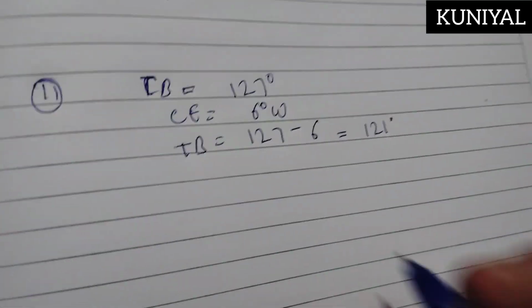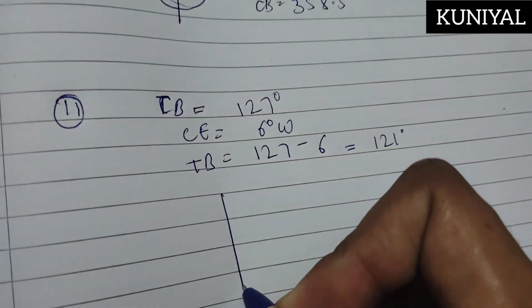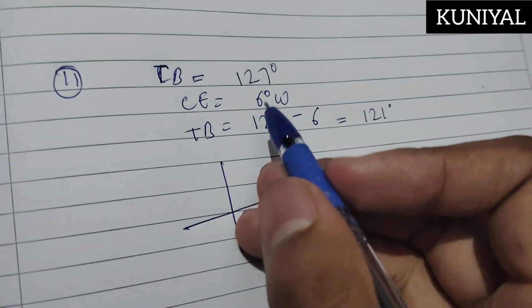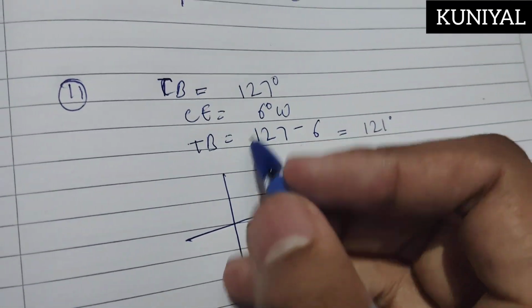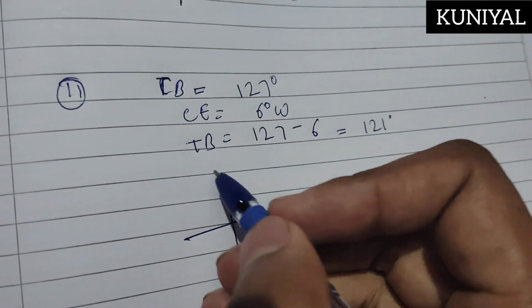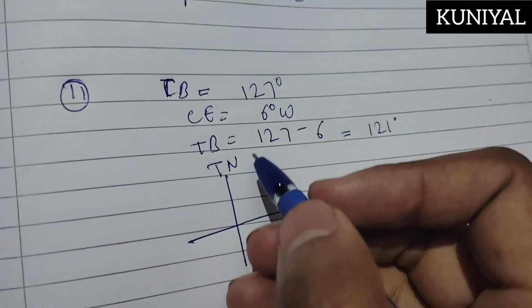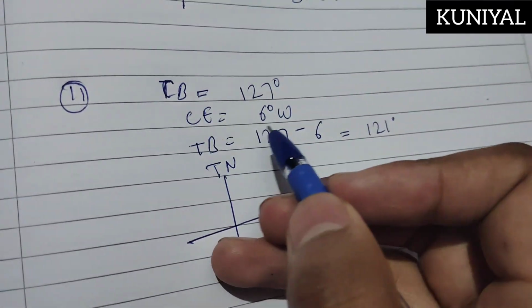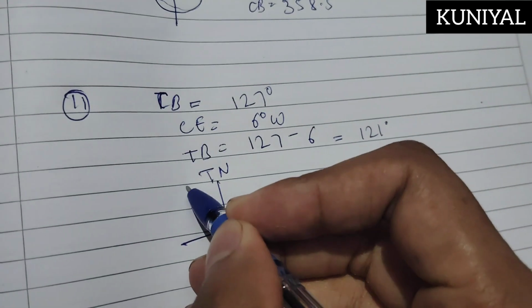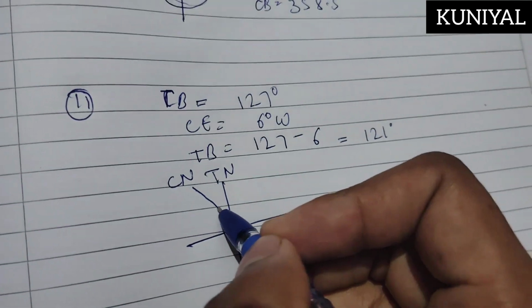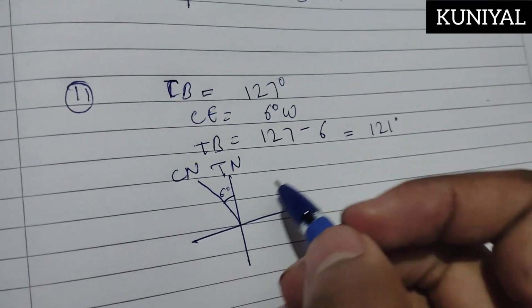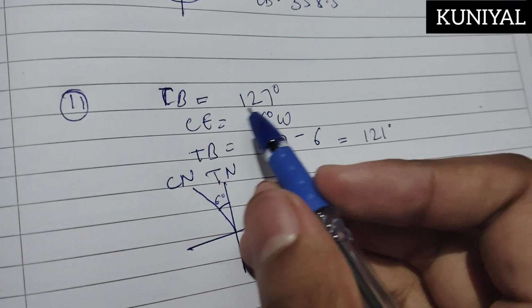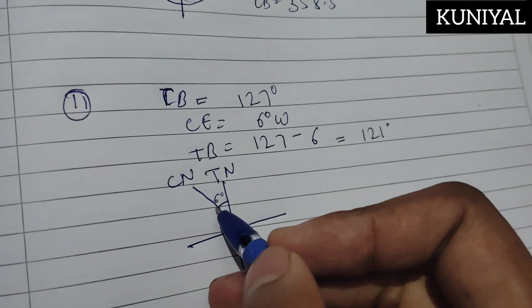And if you do it by the diagram method, compass error is 6 degrees west. So here is true north, and compass north will be 6 degrees west. Compass north here, this is 6 degrees west, and compass bearing is 127 from here to here.